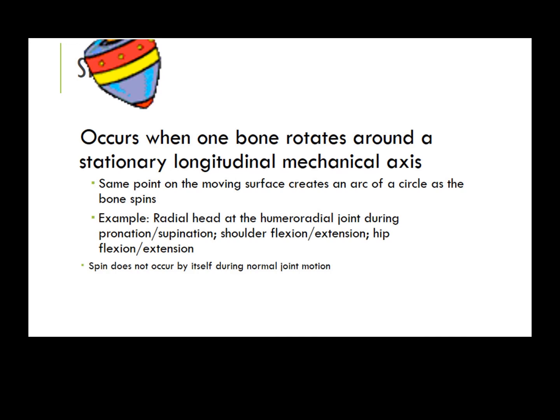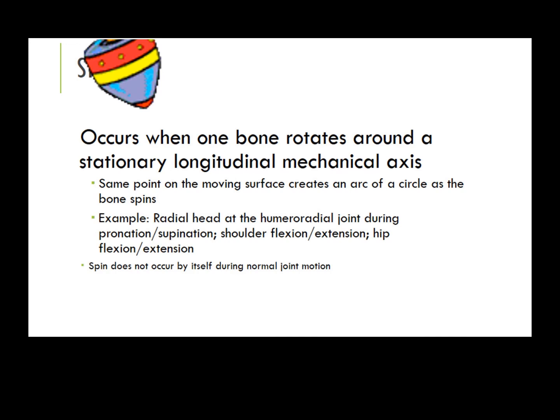Then in the shoulder, you have flexion or extension. And then in the hip joint, you have flexion or extension. Now, what are we trying to tell you? I have given the example of shoulder abduction in the case of rolling. In shoulder abduction, the humerus rolls superiorly.